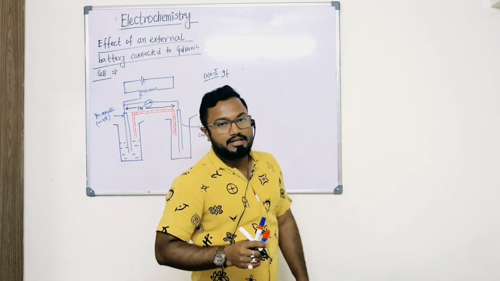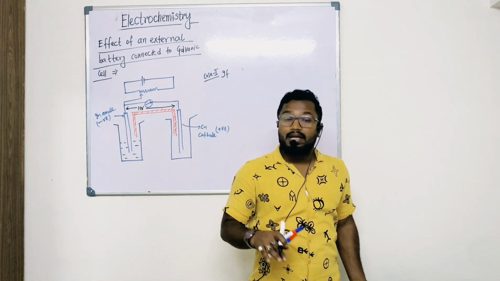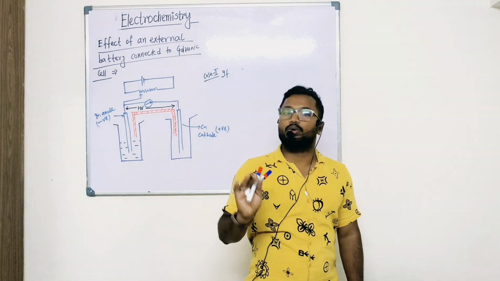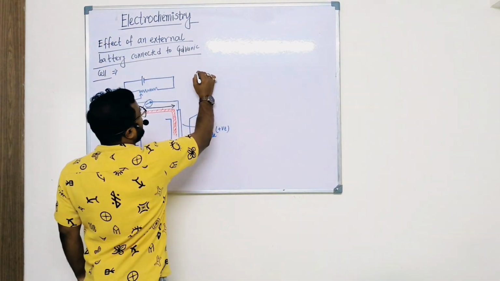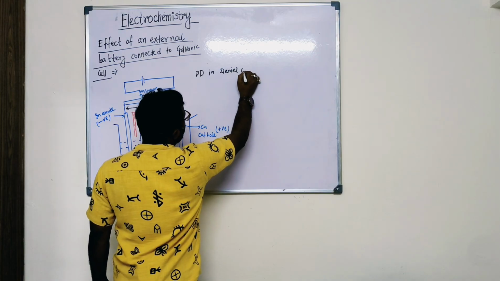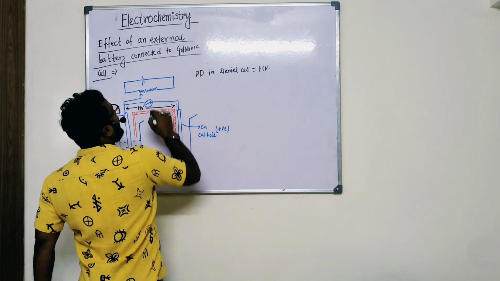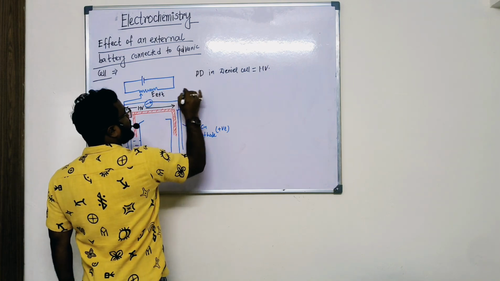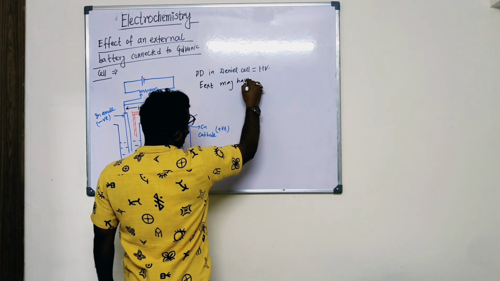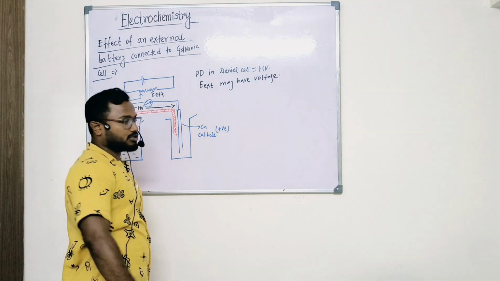Another case, it is less than 1.1, and another case, it may be greater than 1.1. We are going to check what happens in all three cases. So the potential difference in the Daniell cell is equal to 1.1 volt. The external battery connected, that is E external, may have a voltage. There may be three cases possible.